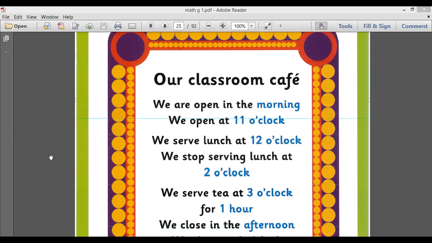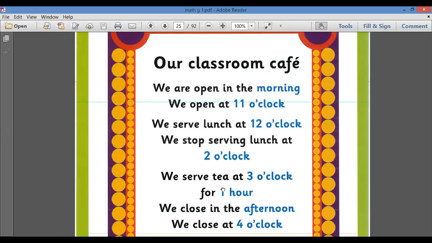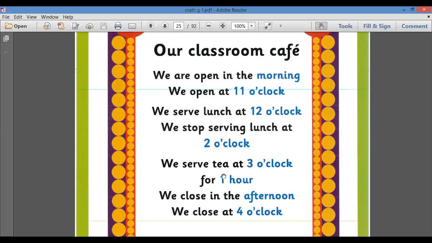We serve tea at 3 o'clock. Most people drink tea after lunch. Even me, when I am tired after lunch, I prefer tea or coffee.